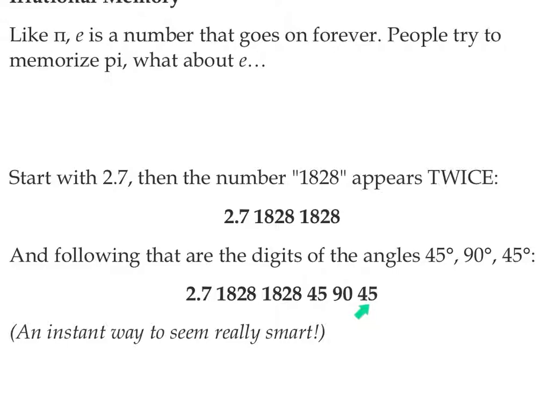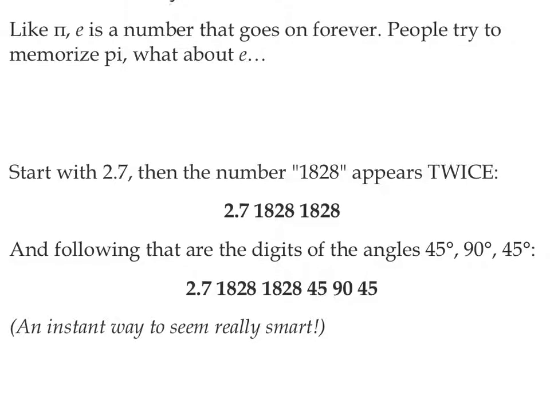It's hard to memorize pi to 15 digits, but e a little easier. So, hey, an instant way to seem really smart. You can tell people you have e memorized to 15 digits, okay? 2.7, 1828, 1828, 45, 90, 45. And you've got that down all the way to 15 digits. Pretty interesting there. And then after that, you could find other ways to memorize. It's not like that pattern keeps repeating itself, but hey, knowing e to 15 digits may be impressive by itself.